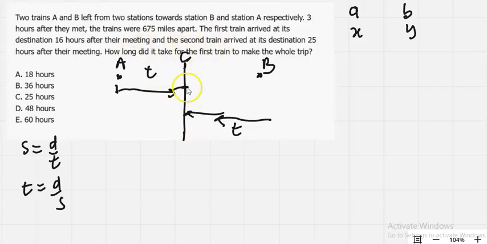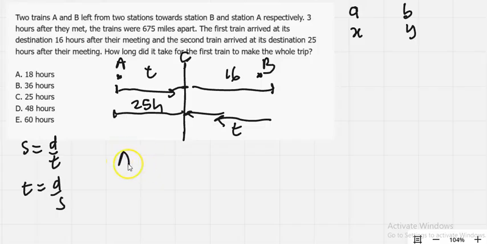Now the question is telling us that after they met, it took the first train, which is train A, 16 hours to get to B. So from here to here, it is 16 hours. For train B, after they met, it took 25 hours. So let's draw the parameters.